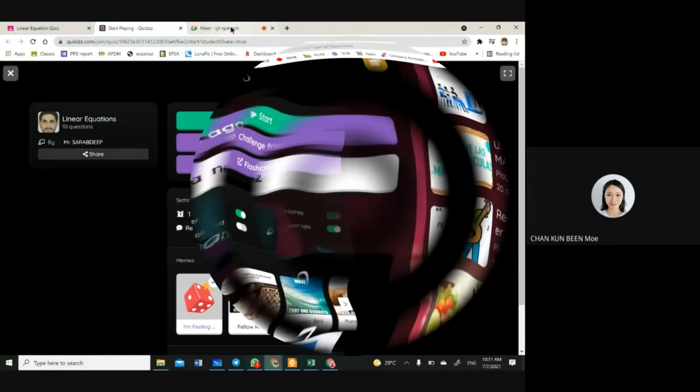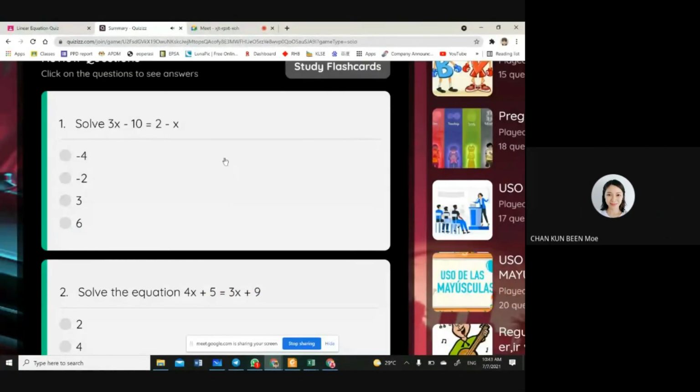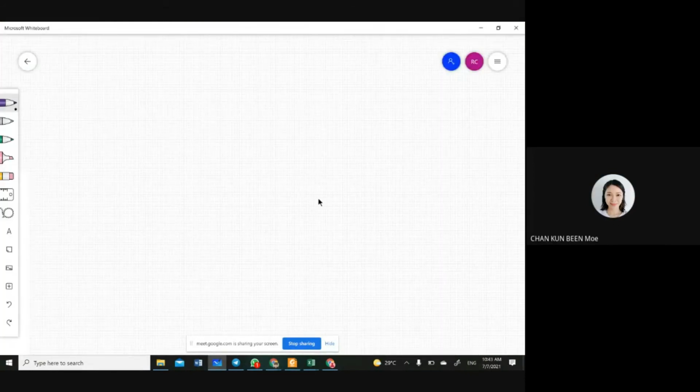Okay, good. So I'll show you the question here. The first one, solve 3x minus 10 equal to 2 minus x. You know how to solve it? Do you know how to solve it? I just explained to you lah. So 3x minus 10 equal to 2 minus x. You have to group the like terms together.